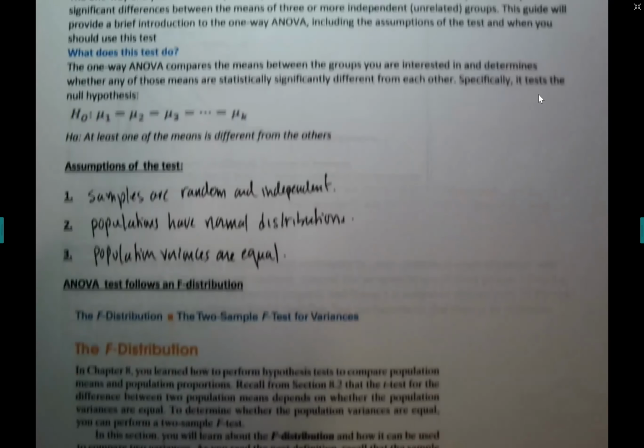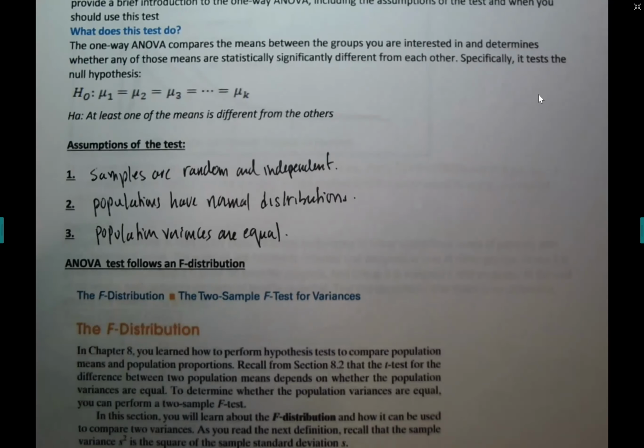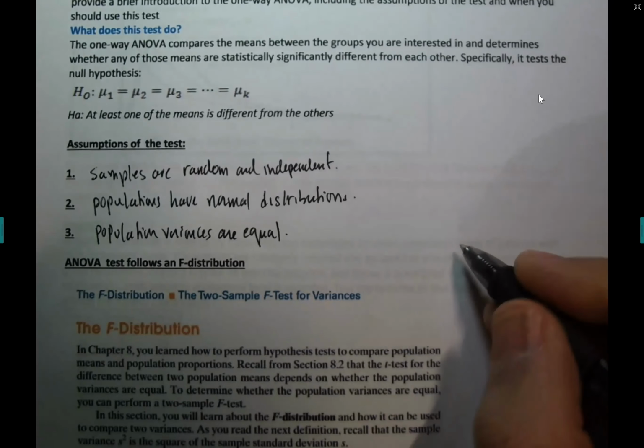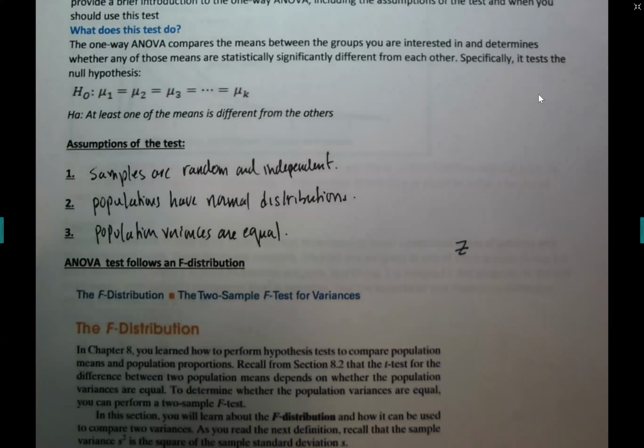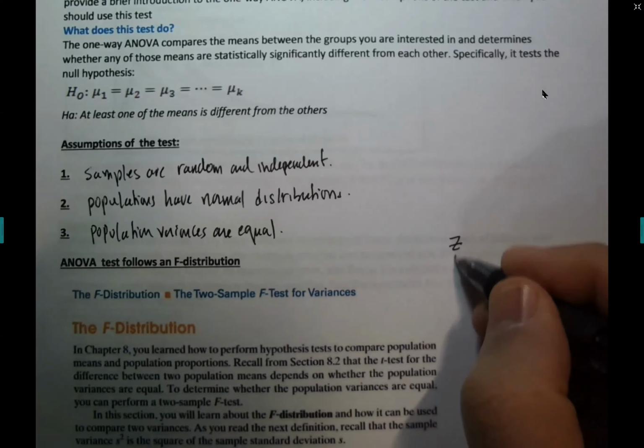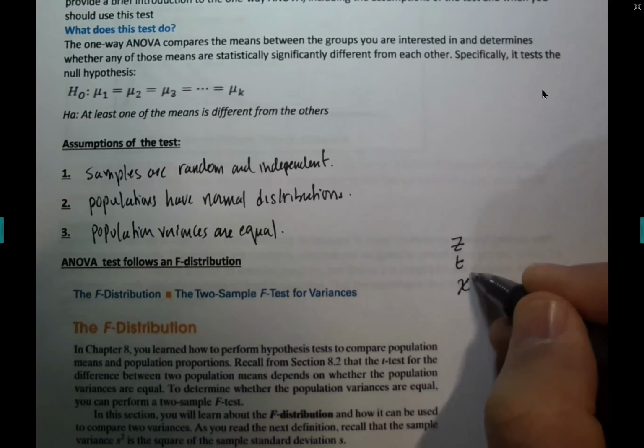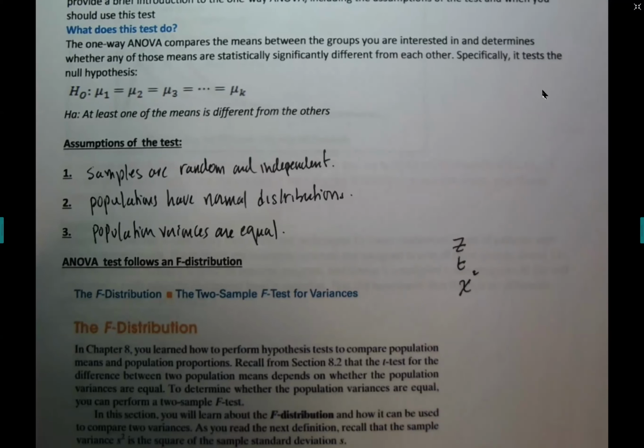Now, in order to perform this test, we're going to be using technology, but it's a different distribution. It's the last distribution, guys. You learned about the Z distribution. You learned about the T distribution. You learned about the chi-square distribution, we did that just earlier today.